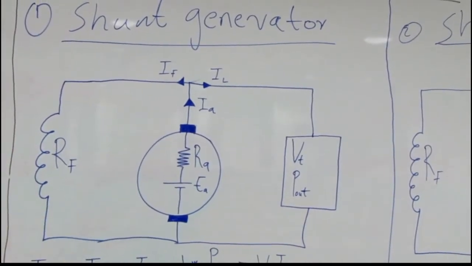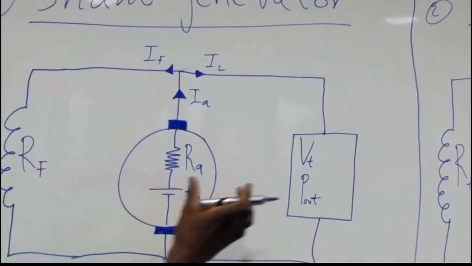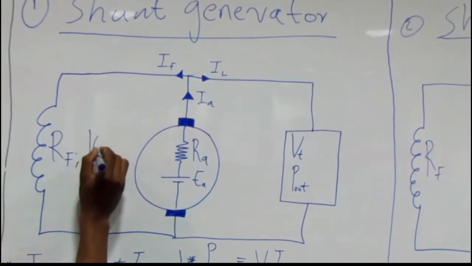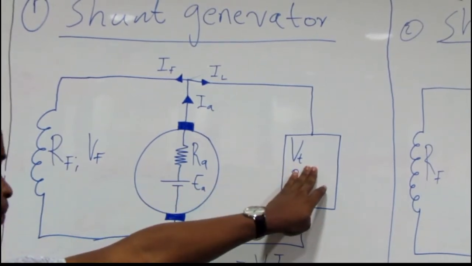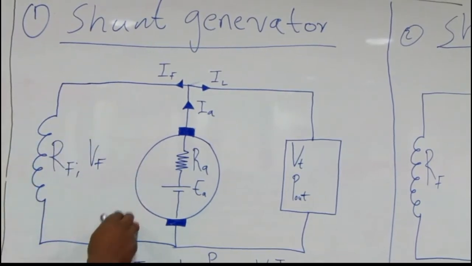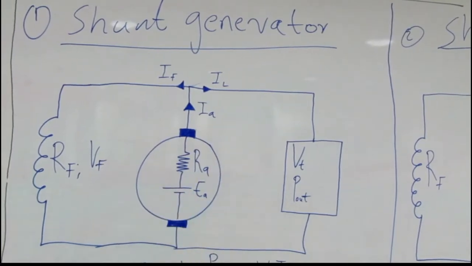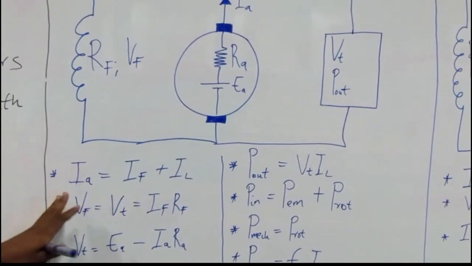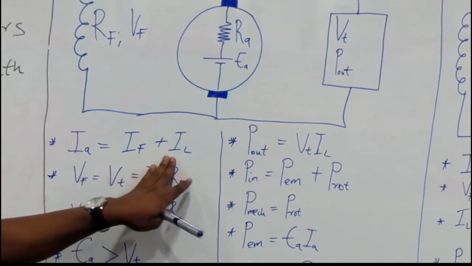And remember, in parallel, VT is equal to VF, where VT is the terminal voltage and VF is the field voltage. The source is this armature current, which starts here and distributes, meaning the first equation to approach this kind of circuit, the shunt generator, is to say our IA, the armature current, is equal to the field current plus the load current.